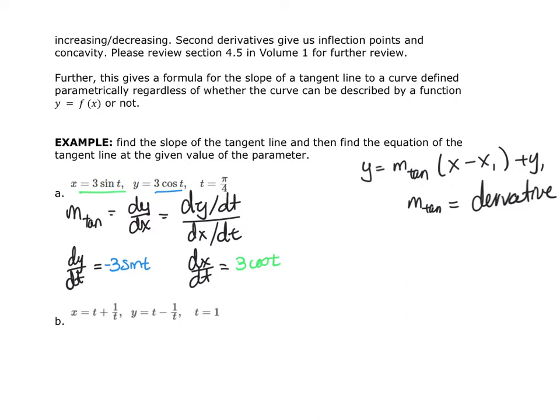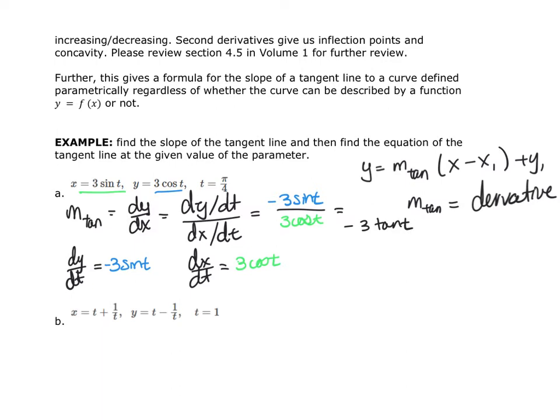Now, we know that dy/dx is dy/dt divided by dx/dt. So this is going to be negative 3 sine of t, divided by 3 cosine of t. And this gives me an answer of negative 3 tangent of t.